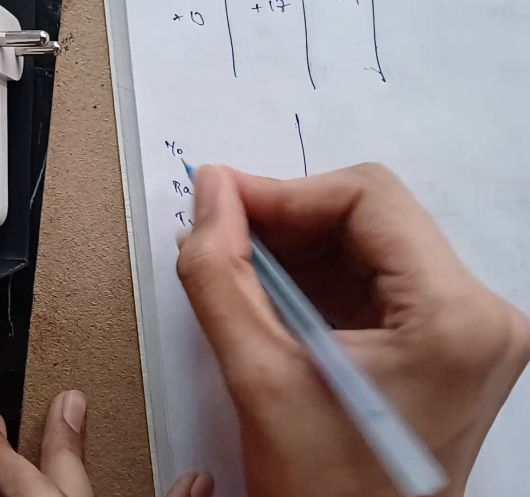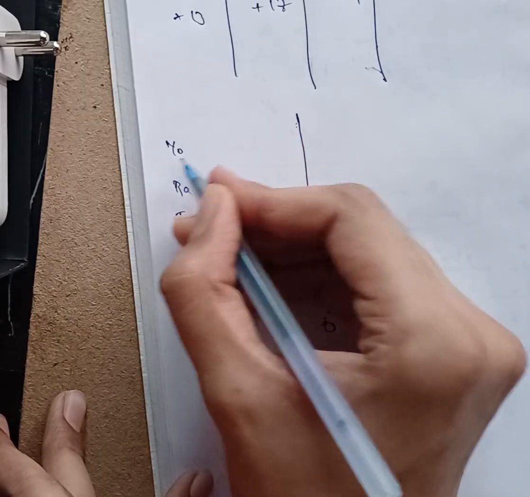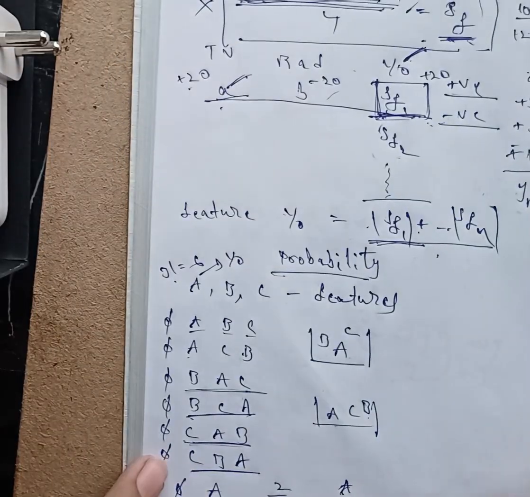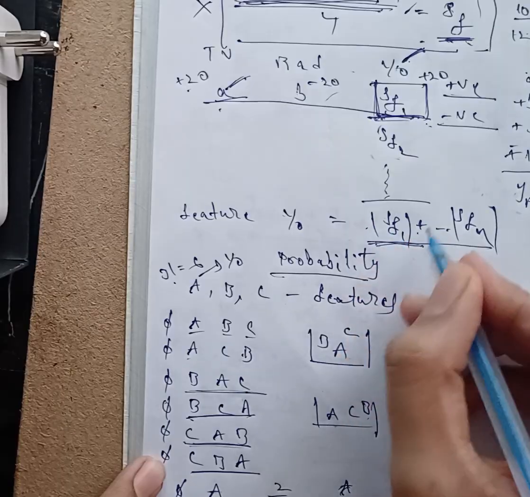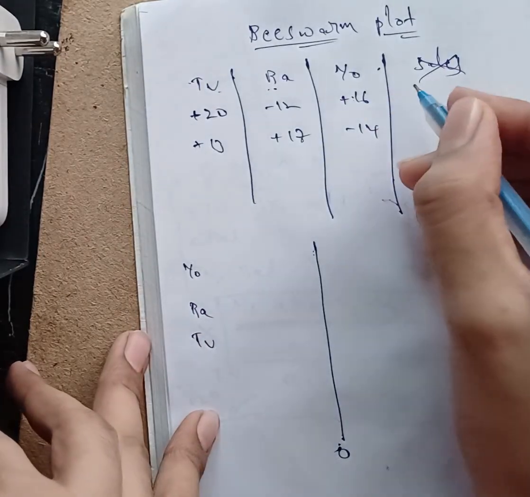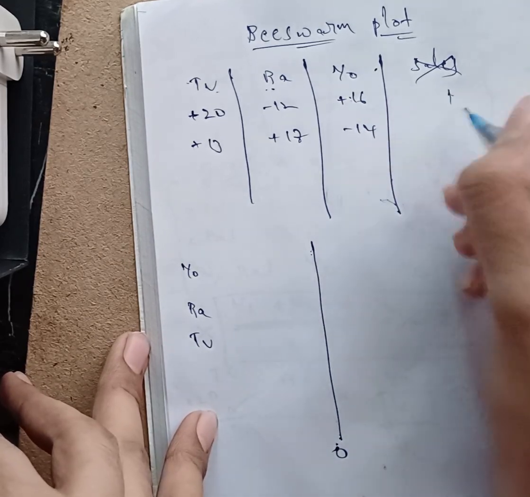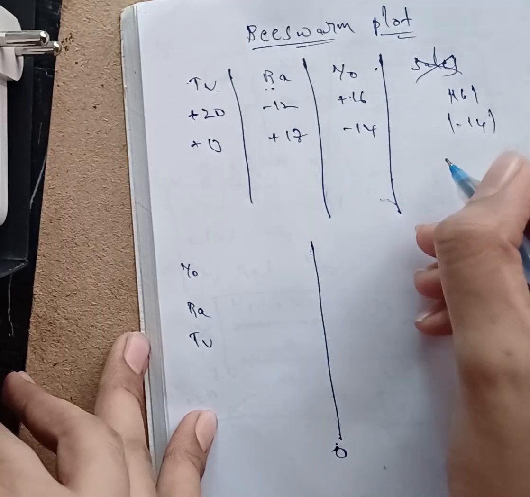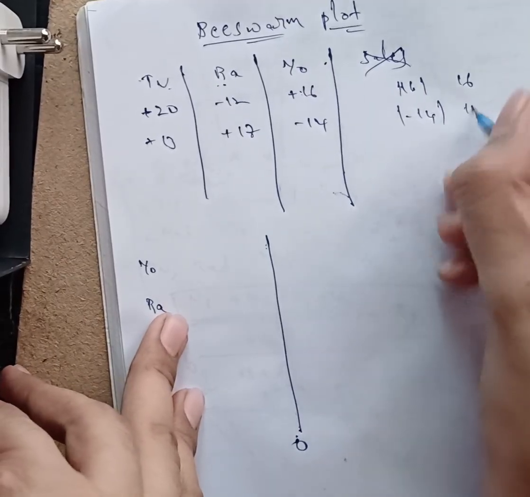Now again, how do you get to know whether this feature or that feature is more important? As I mentioned earlier, you just need to calculate the absolute sum. Here we have different values, so we need to take the mod of 16 and the mod of minus 14. The mod of 16 is nothing but 16, and the mod of minus 14 is 14.